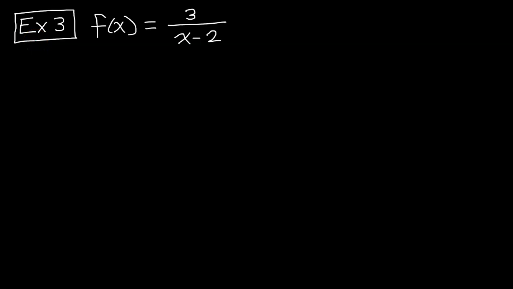For example 3, we have the function f of x equals 3 over x minus 2. Now, right away, we can tell that x cannot equal positive 2, because if x were 2, we would have 2 minus 2. That would be a 0 denominator, undefined. So let's see if we can analyze this numerically and find out what happens to the value of the function as we approach 2 from the left and from the right.